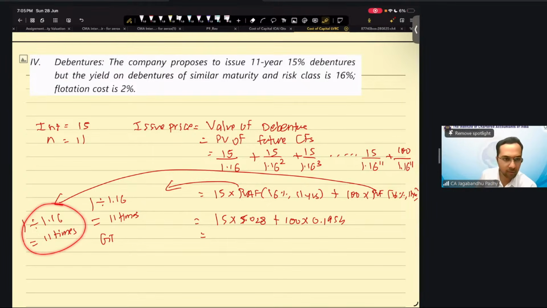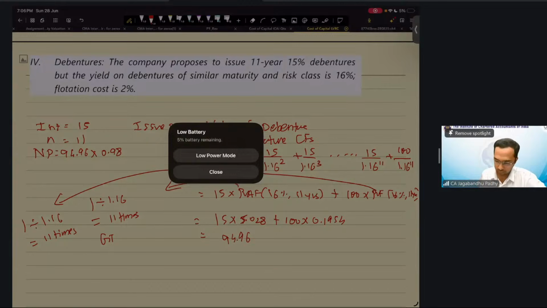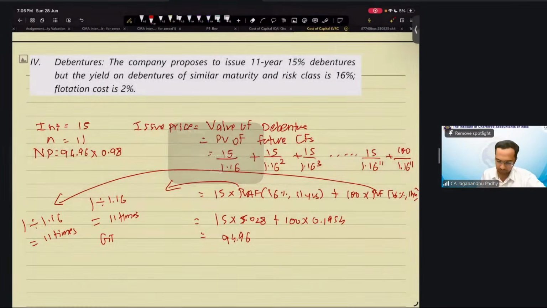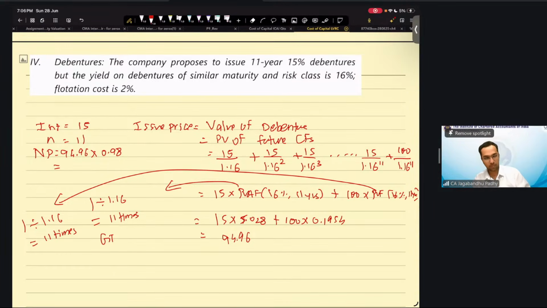I've shown this 1 divided by 1.16. Just press on equal to 11 times. Okay, so 94.96 into 0.